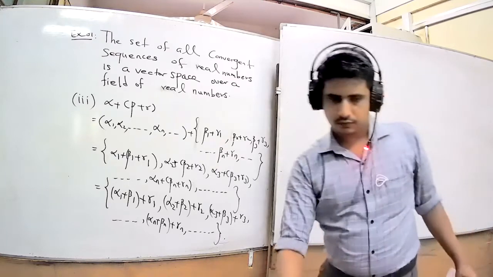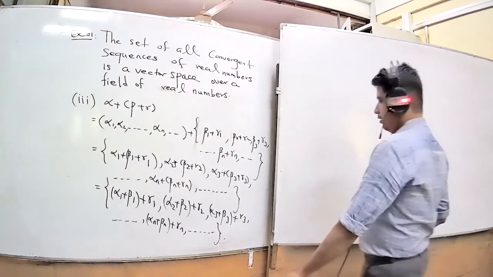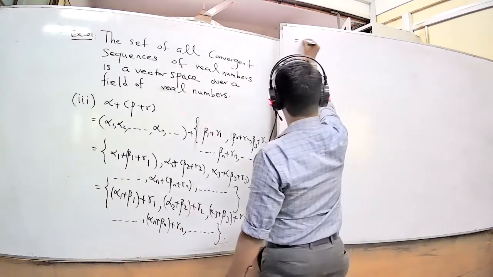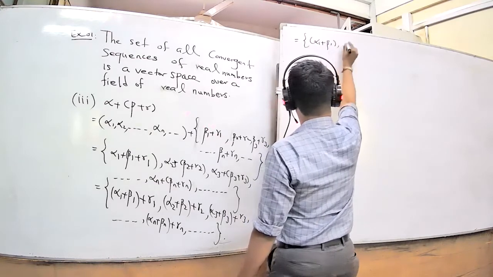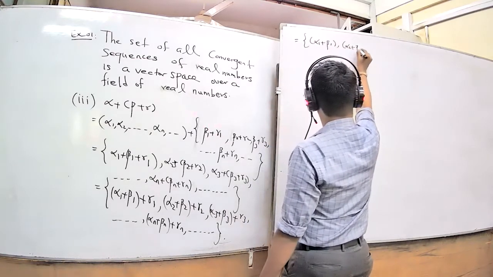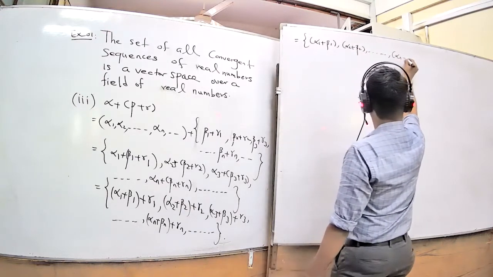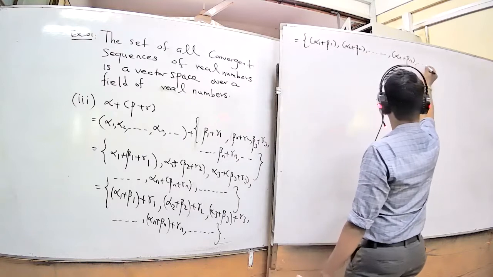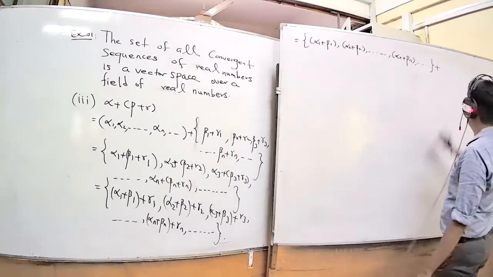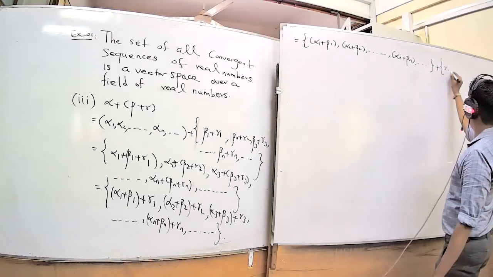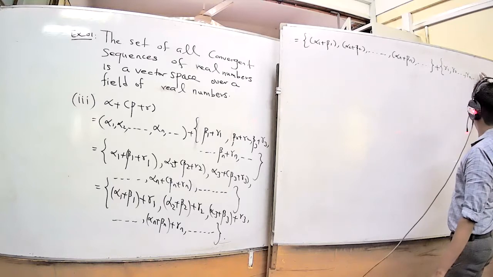Now this one we will write alpha 1 plus beta 1, alpha 2 plus beta 2 and so on, alpha n plus beta n and so on, plus gamma 1, gamma 2, gamma n and so on.